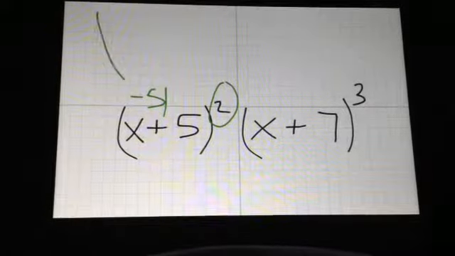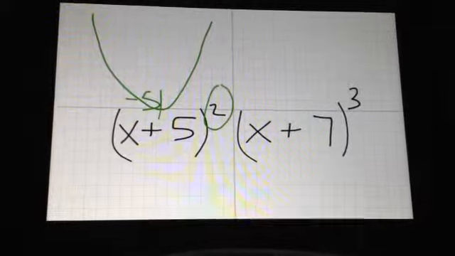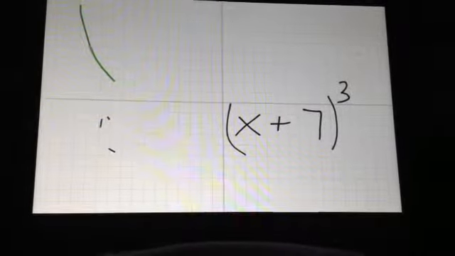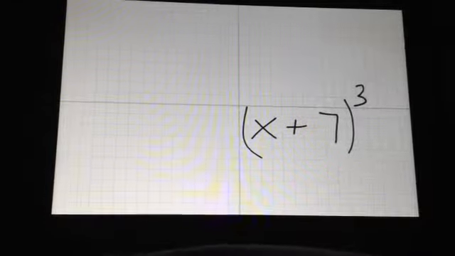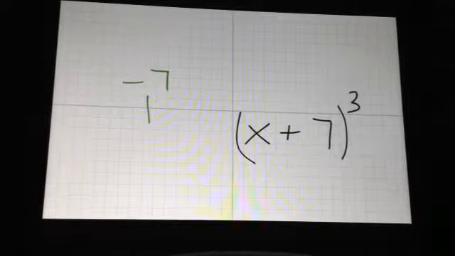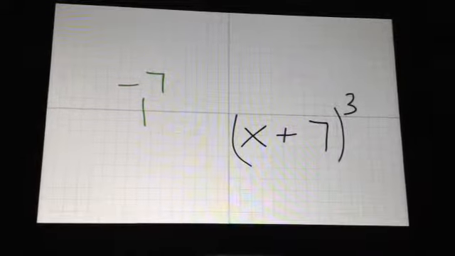And we know that we're going to bounce off of it. See, but what if we have a negative 7 with a cube over it? See, that's an odd degree. What if it has an odd degree? Well, let's say this is negative 7. It crosses 3 times, which means it bounces off but then goes back down.